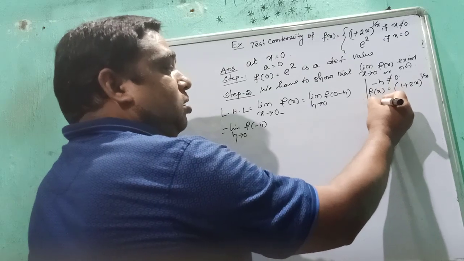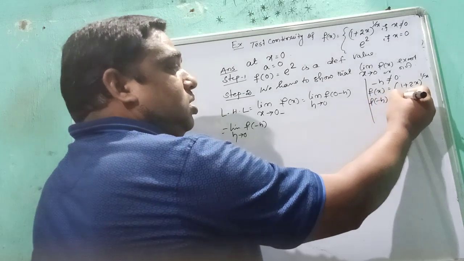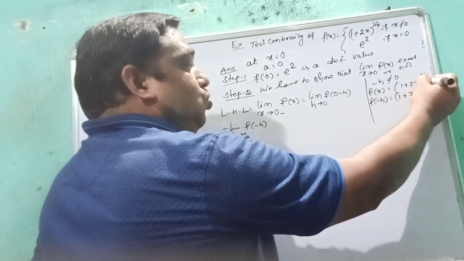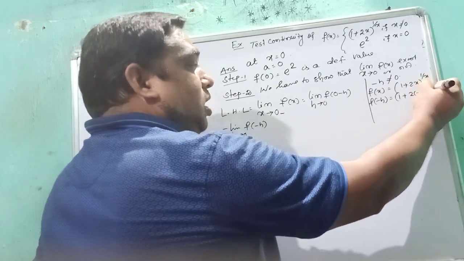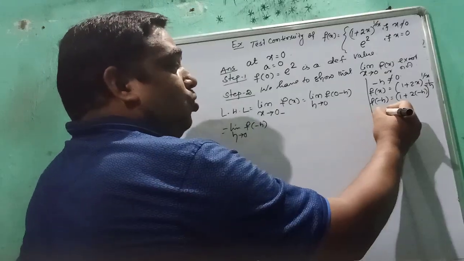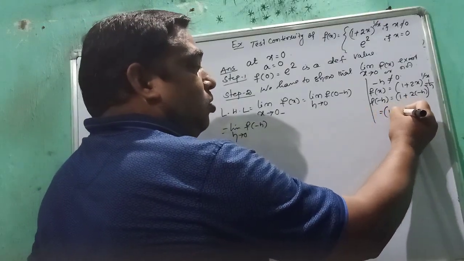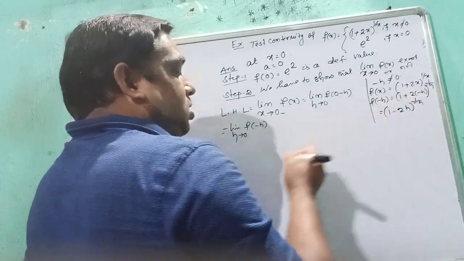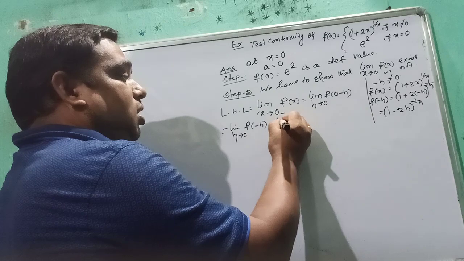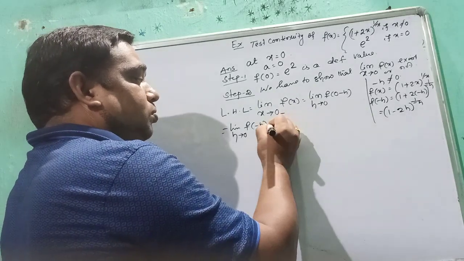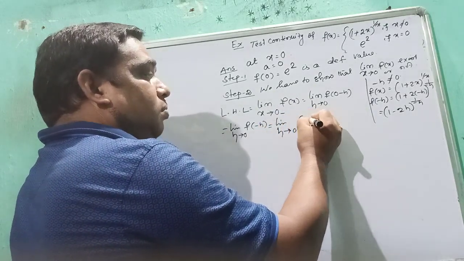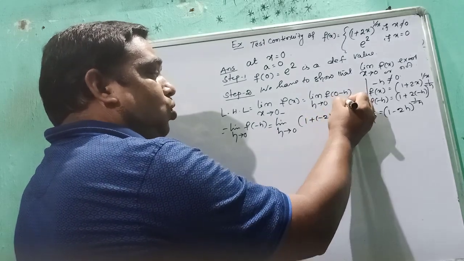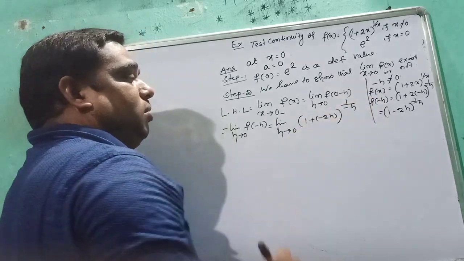So what is f of minus h? f of minus h is (1 plus 2 into minus h) to the power 1 by minus h, which is equal to (1 minus 2h) to the power 1 by minus h. That is limit h tends to 0. We can write (1 minus 2h), or (1 minus 2 of h) whole, to the power 1 by minus h.